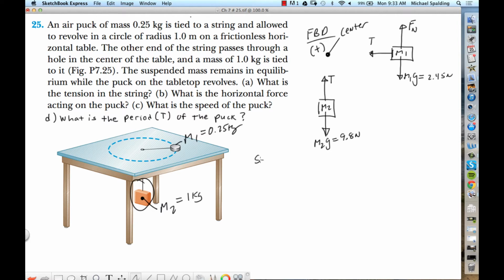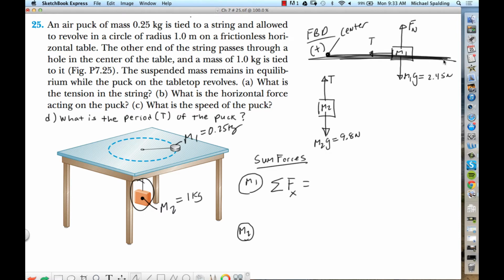Okay, so let's sum our forces now. We're going to do this for M1, and we're going to do this for M2. So summing the forces on M1 in the x direction, what's the only force in the x direction? This way. We only have one force in the x direction.